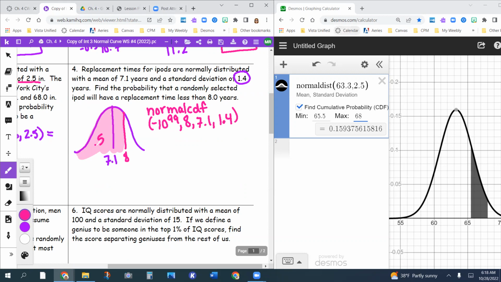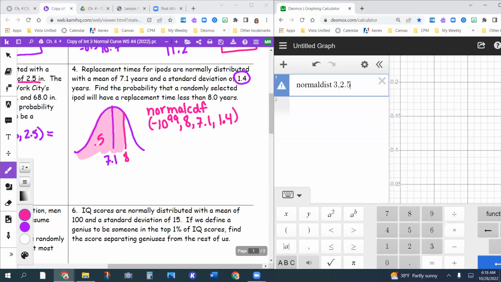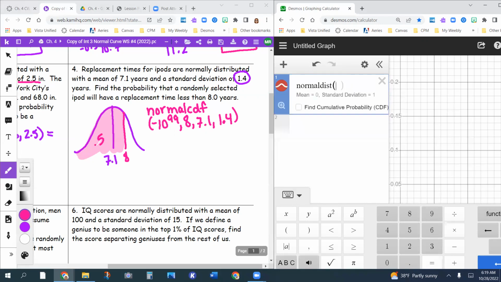And again, I'm going to do that over here. Let me just start fresh. Okay, so my normal distribution. My mean is going to be 7.1.